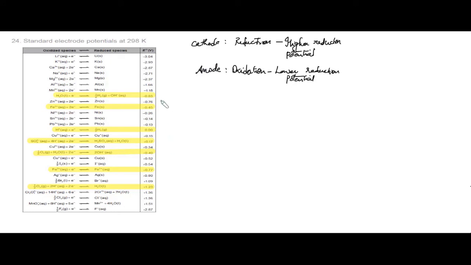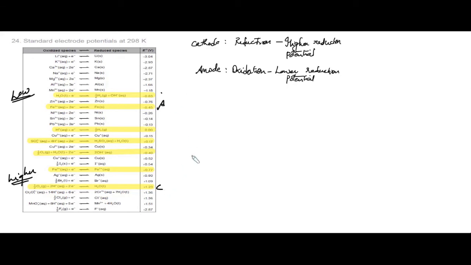If you observe, this is -0.83, this is +0.77. We have low values at the top and higher values at the bottom. So for the cathode, you may go with a bottom reaction, and for the anode, you may choose any one from the top section. So I'm going with this for the cathode and preferably this for the anode.